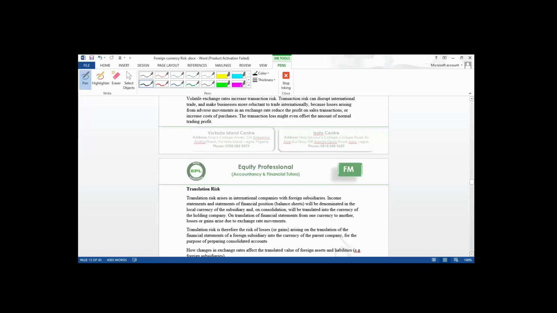And on consolidation, the currencies of the foreign subsidiary will be converted or translated into the currency of the holding company, the parent company.